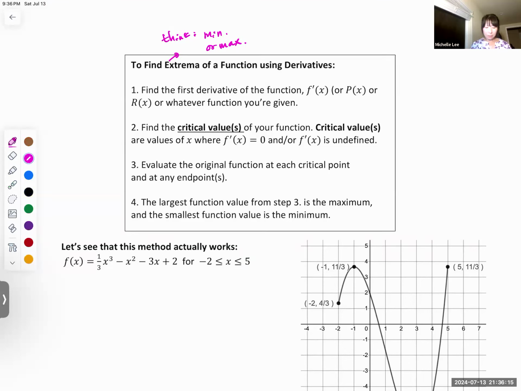So critical value is for x. We set up f prime of x equal to 0, and it can be or f prime is undefined. So when did we hear about the word undefined? When the denominator is 0, right? So undefined means when the denominator is 0.